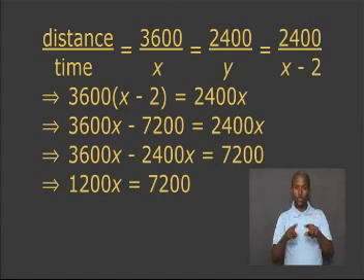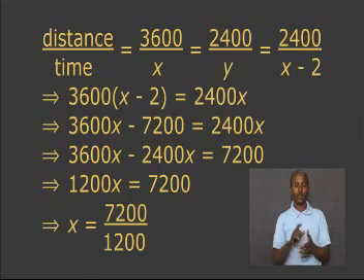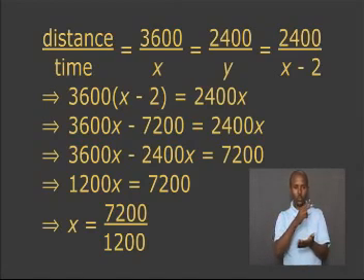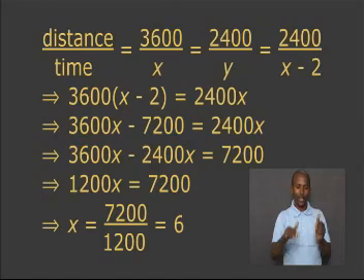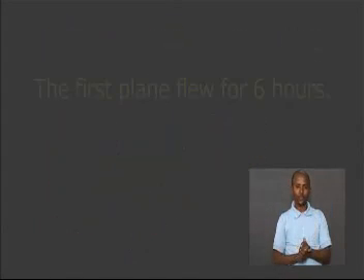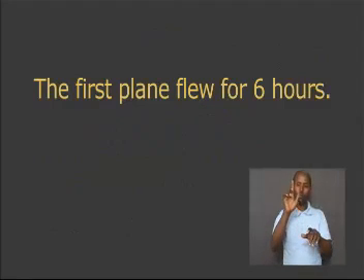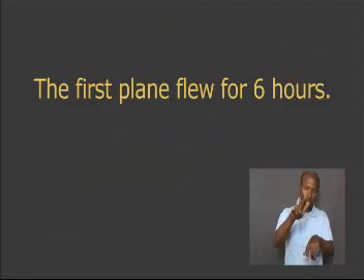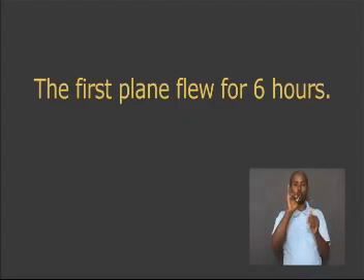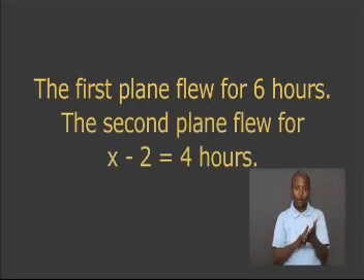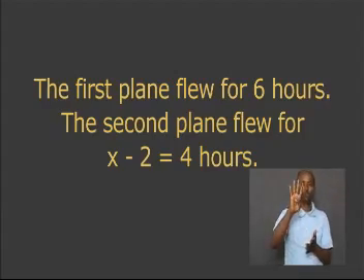When we solve for x, we find that 7,200 divided by 1,200 equals 6. So the first plane flew for 6 hours. Since x equals y plus 2, y equals 4. The second plane flew for 4 hours.